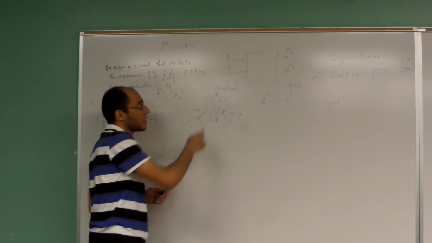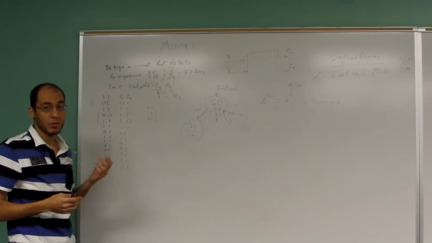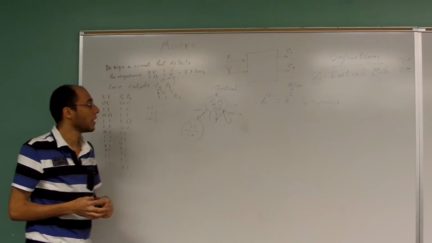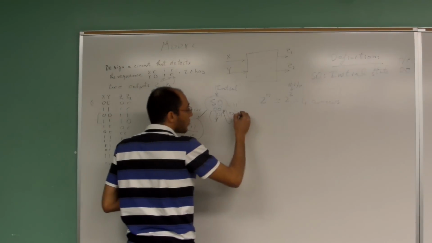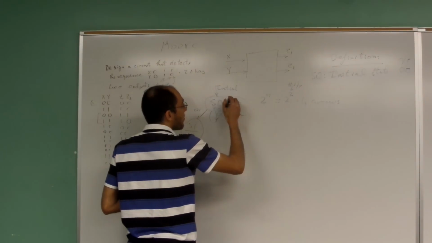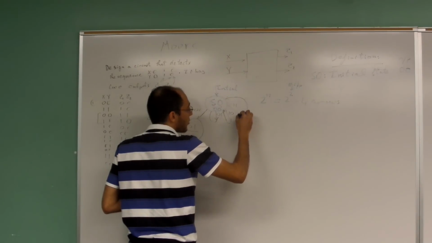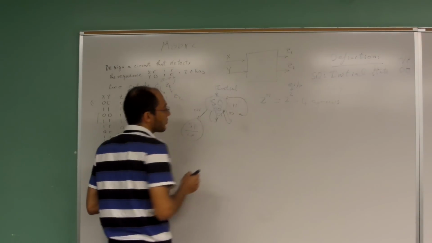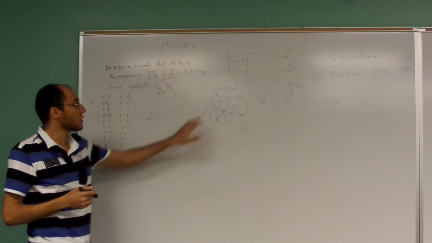Remember, in the initial state, the previous clock cycle has not received any part of the sequence yet. So although the 1, 1 is a part of the sequence, it is not the very first part that I'm looking for. So the 1, 1 has to go back to state S0.